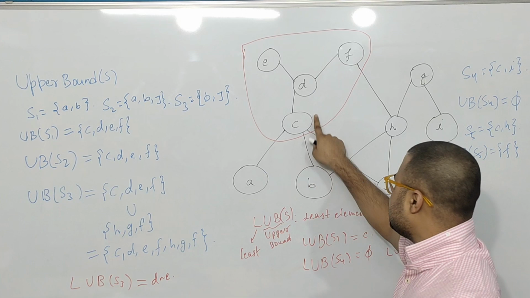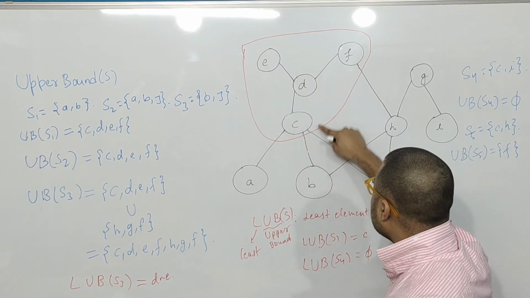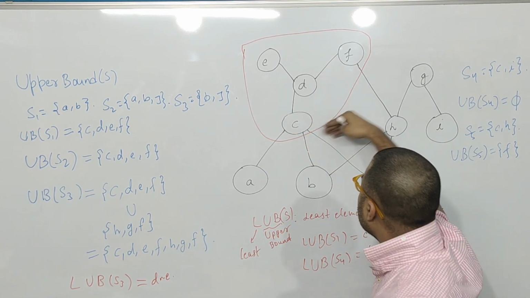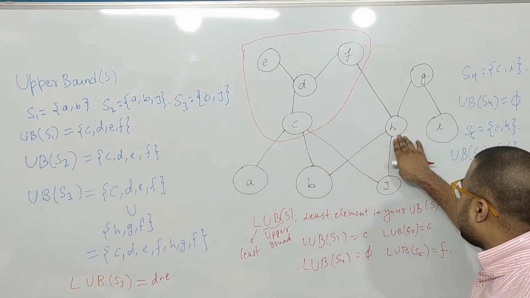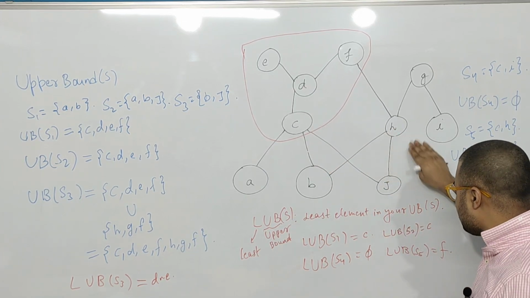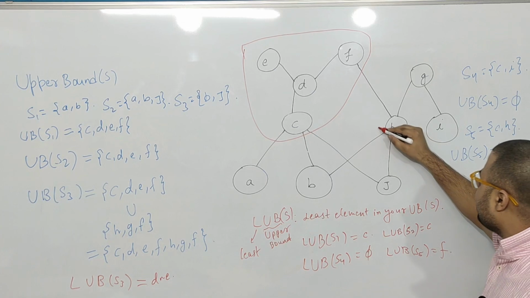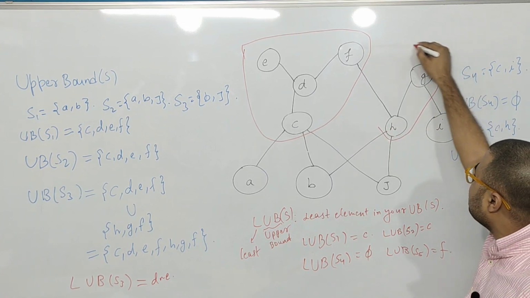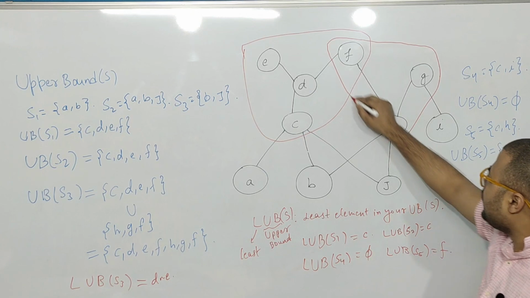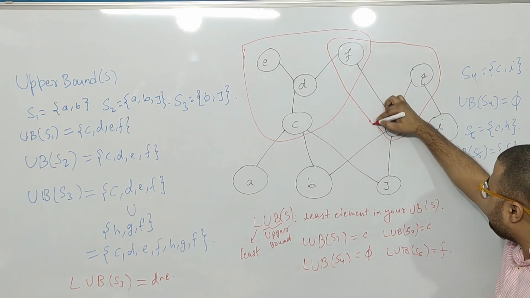You have C as your join point, so everything from C in the upward direction will come in your upper bound. But there is another, H. H is also a join point. So everything from H in the upward direction will come.